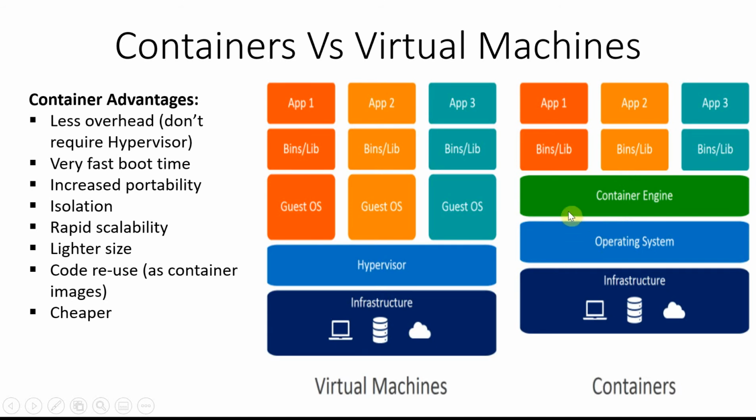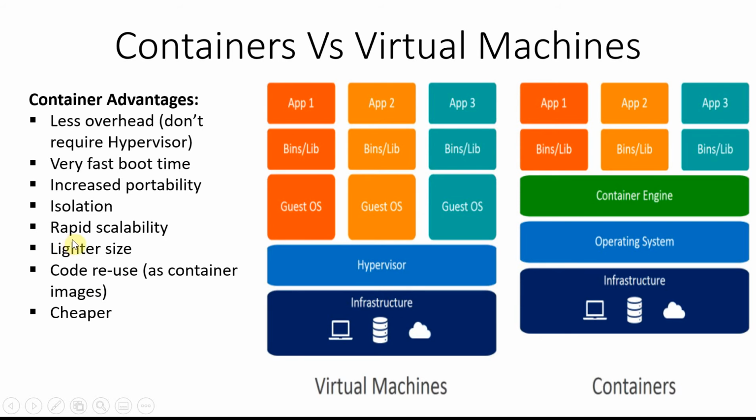It shares all the operating system and infrastructure, but it always isolates the CPU and memory, whatever is required for every container. So everyone gets an equal share of the resources, and that is all managed by the container engine. That way you get the isolation boundary for your app. Especially when the same operating system or resources are being shared, this equal share and isolation is very, very important.